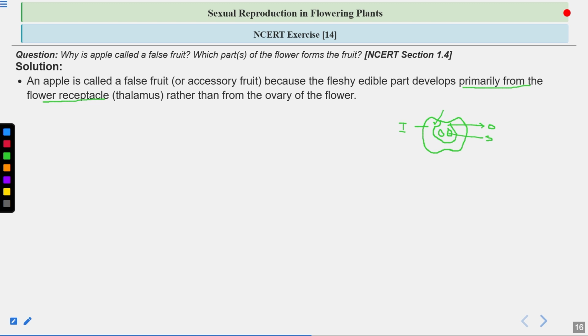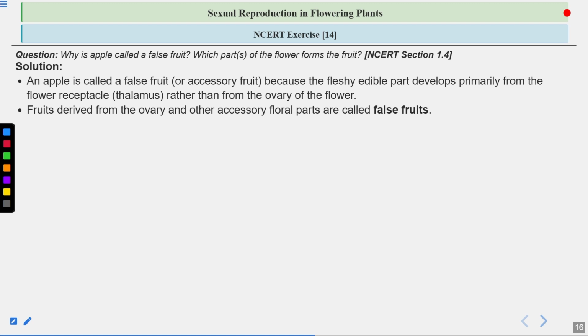So there also we see the formation of false fruit. The fruit derived from the ovary and other accessory floral parts is called false fruit, right? If the fruit is derived from the ovary, then it is a true fruit. But if it comes from any other floral parts, like here we see the thalamus, then that is the false fruit.